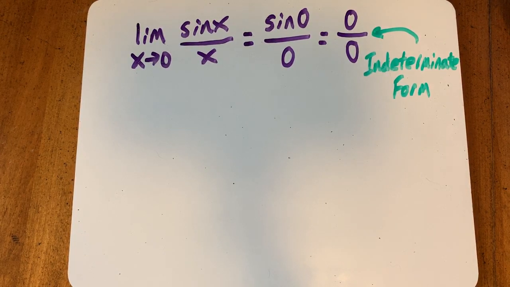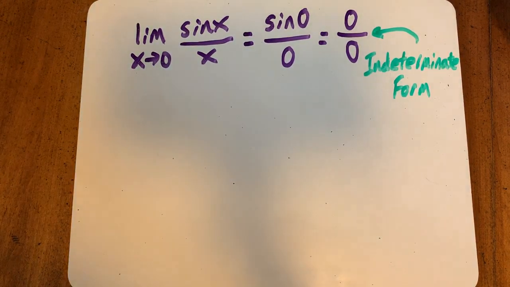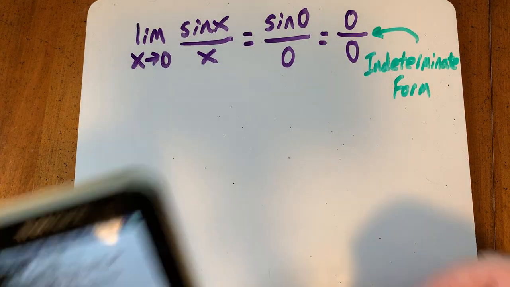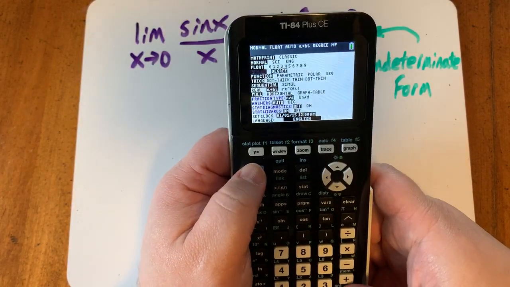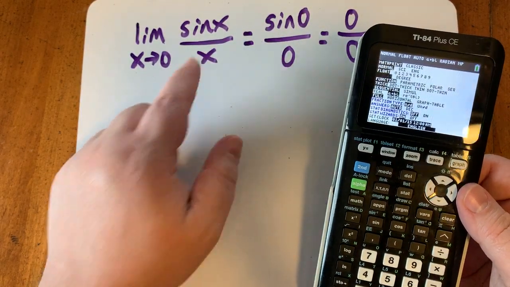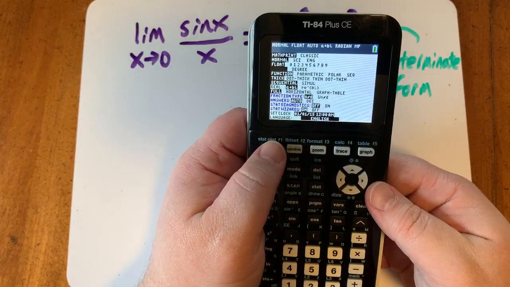Now, next year, you're going to learn a way to evaluate these limits more directly. But for now, we're just going to use our calculator. So I want my calculator to be in radian mode, just so I have smaller values of x that we're working with.